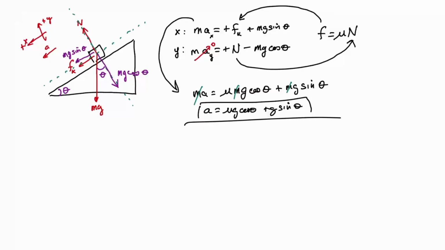Work the algebra, and then stare at your solution for just a little bit and make sure it makes sense. And by make sense, I mean look at the signs, right? If two forces are working together, they should have the same sign. If they're working opposite each other, they should have different signs. Like I know normal and mg cosine theta are opposites because look, one of them's negative, right? They're just working against each other.